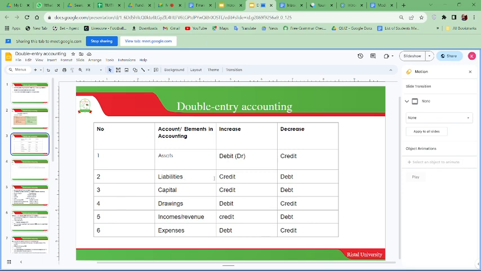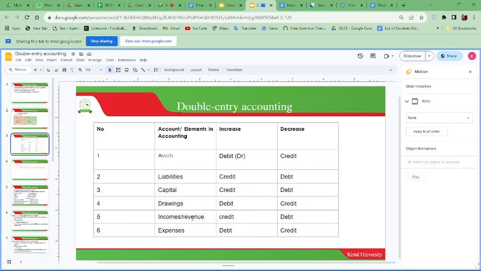So we look at liabilities. We credit liabilities when there is an increase, and we debit liabilities when there is a decrease. So we look at capital. We credit capital when there is an increase, and we debit capital when there is a decrease. So we look at drawings. We debit drawings when there is an increase, and we credit drawings when there is a decrease.